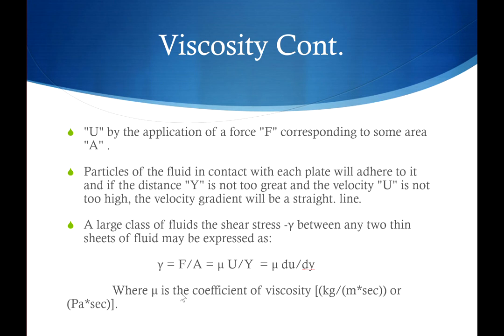For a large class of fluids, the shear stress between any 2 thin sheets of fluid may be expressed as: shear stress equals the force divided by an area, which equals mu multiplied by u divided by y, where mu is the coefficient of viscosity, expressed in kilograms per meter per second or Pascal seconds.